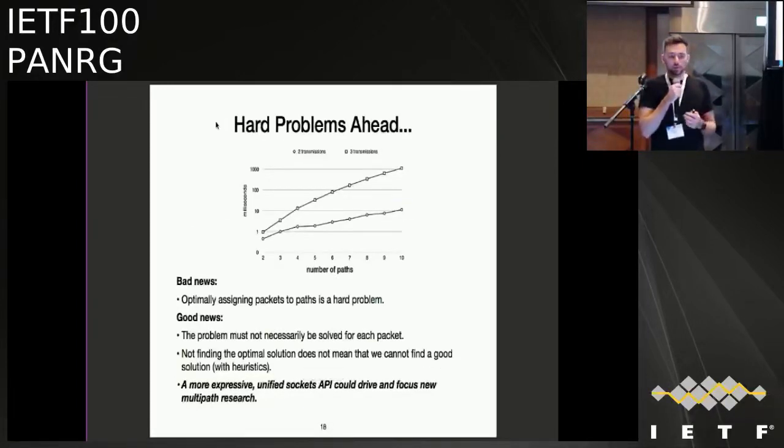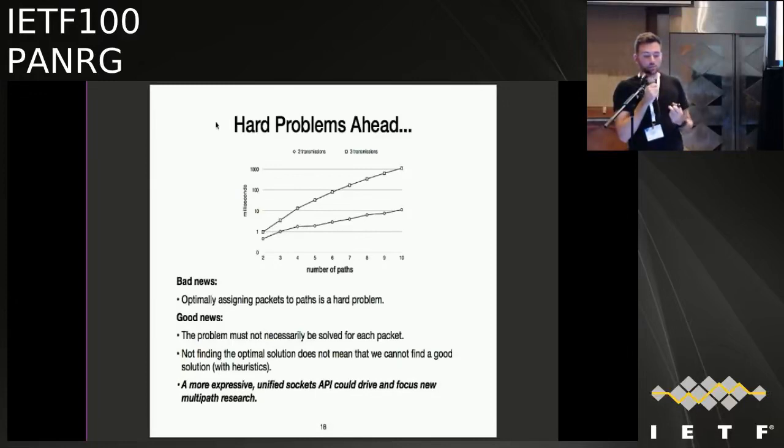So putting everything together, I think fairly hard problems lie ahead. This is a graph we obtained when we solved this optimization problem. We see that when we have a high number of paths, in this case 10 paths, and we consider 3 retransmissions, it's a computationally hard problem to optimally assign packets to paths.